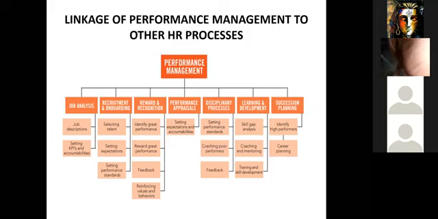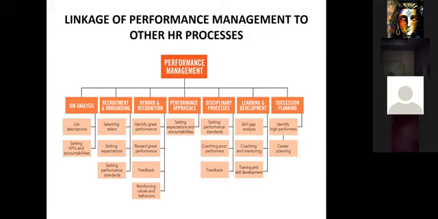In that we have two components: the job description and job specification. In the job description, we have to describe what the job is, and what roles and responsibilities you perform in your job. And the next one is setting key performance indicators and accountabilities. In key performance indicators, we have to know which are the important aspects for performing well.